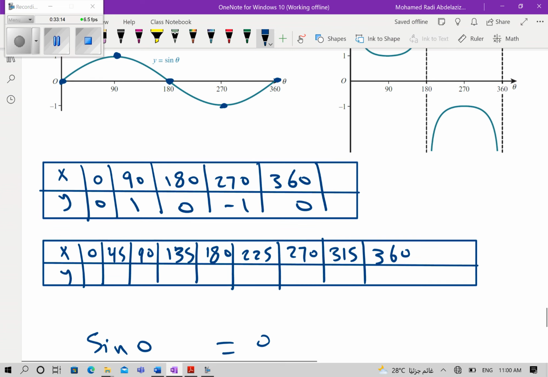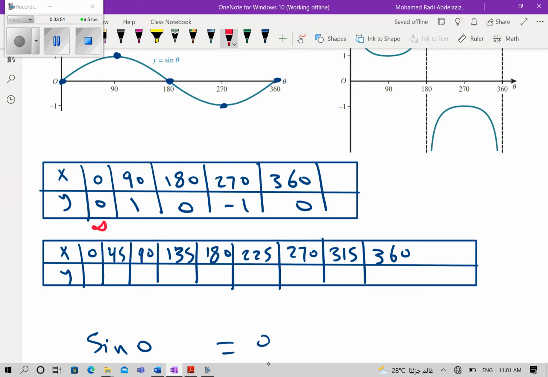If we use this table and get the reciprocal of the values, the first will be the reciprocal of 0, which is infinity. I will explain why. If we have infinity, there will be a vertical asymptote line at this value.